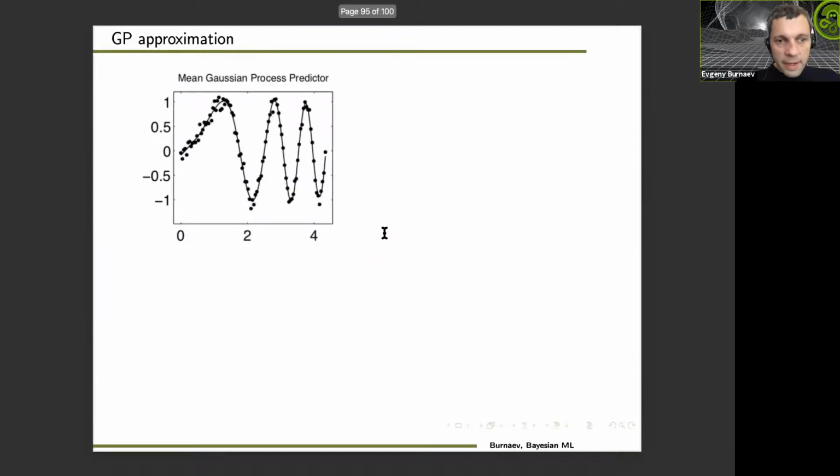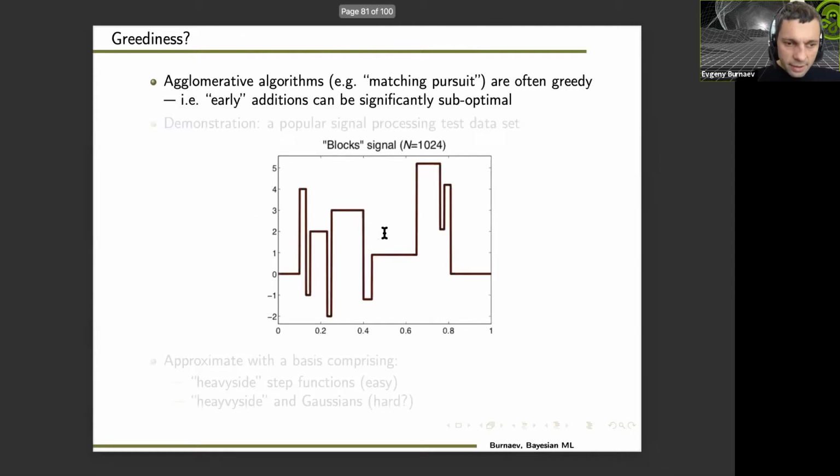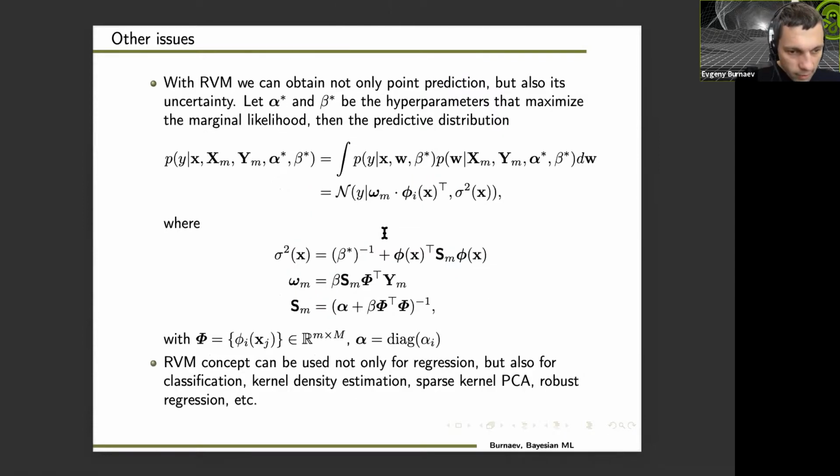So that's it. In the remaining slides, I'll briefly discuss other things. Actually, why I told in the beginning that relevance vector machine is a quite general concept. It's because I can use the same concept not only for regression, but also for classification, of course, for kernel density estimation, for kernel PCA, and for different methods.